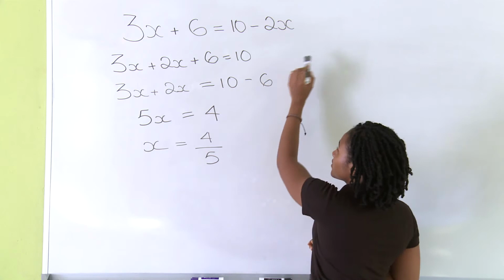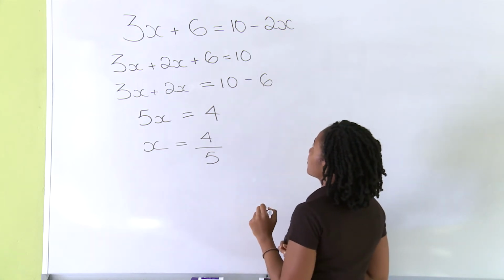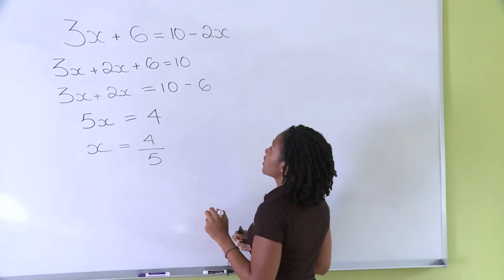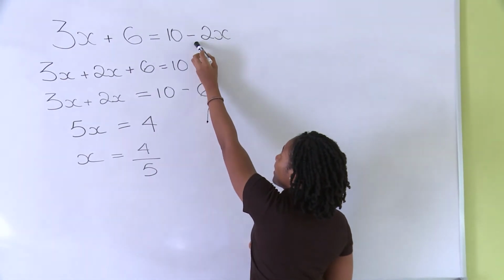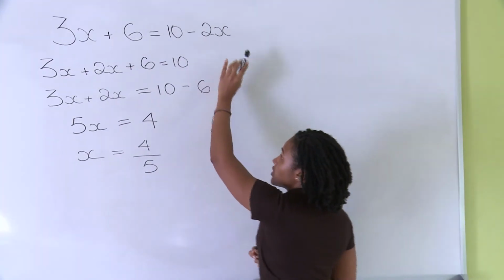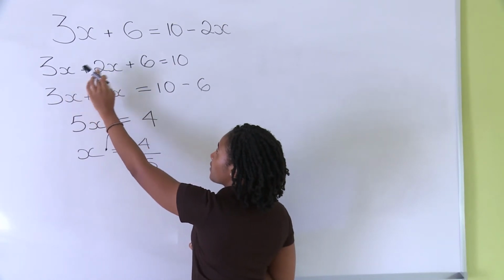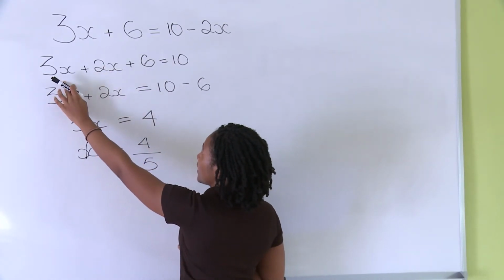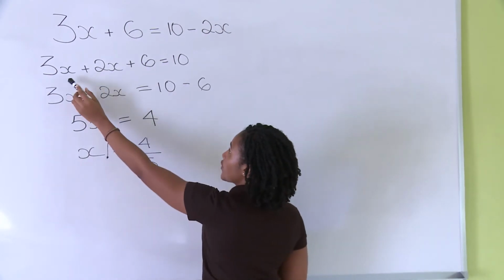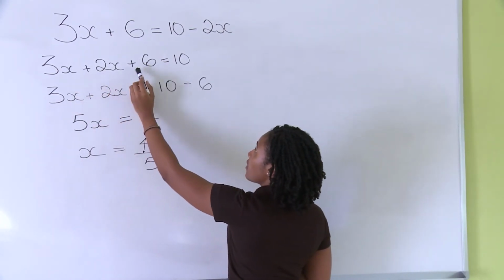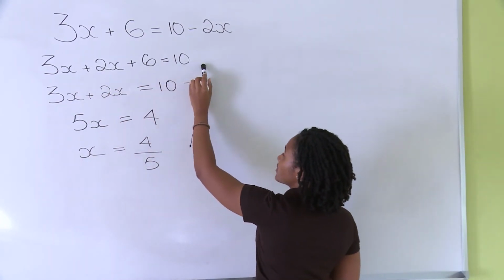So, here we have solved the equation 3x plus 6 is equal to 10 minus 2x. Remember, your first step would be to group your like terms together. So what we would have done is that we brought our minus 2x over to the left-hand side of the equation, and there it became added to 3x. So we have 3x plus 2x plus 6 is equal to 10.